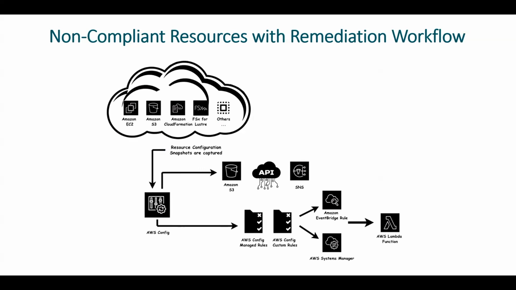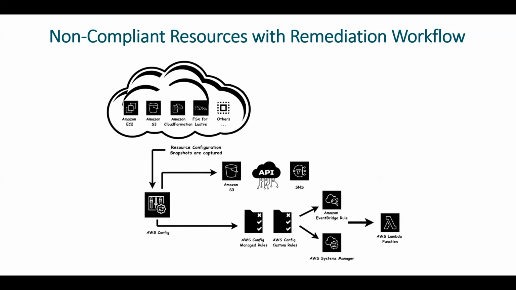Now, AWS Config has two different parts. First, AWS Config managed rules, and second, AWS custom rules. Managed rules are the rules which are provided by AWS beforehand, which you can readily utilize for any kind of detections and evaluations, and then further you can add multiple remediation resources for them as well.